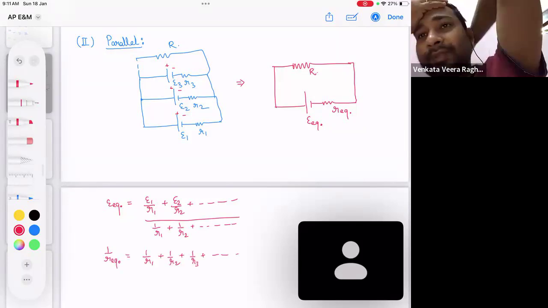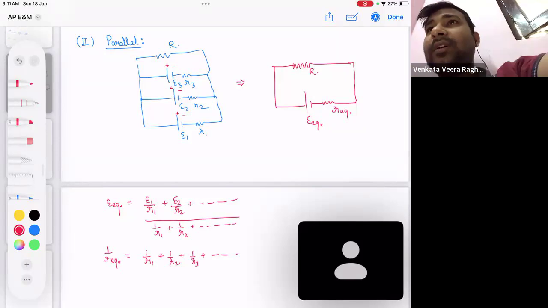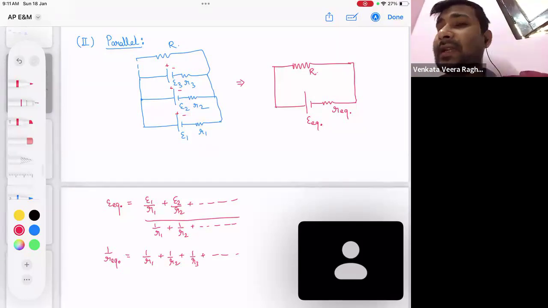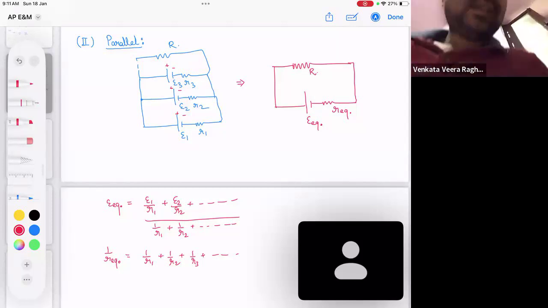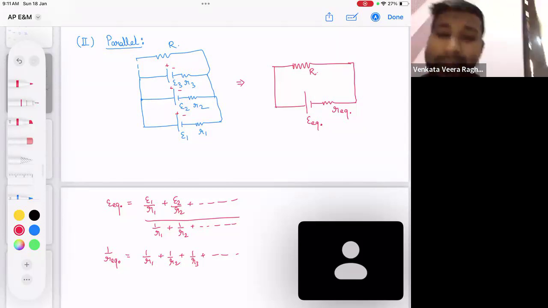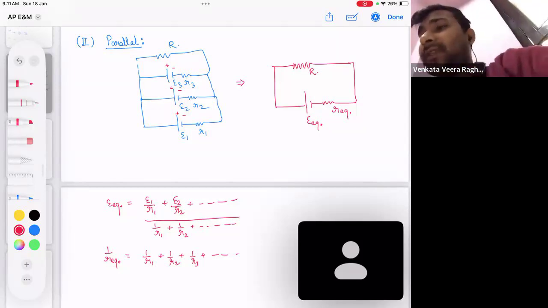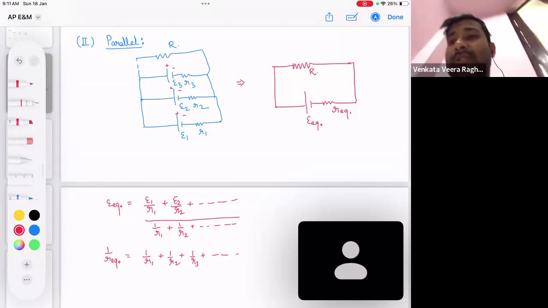Understand the series and parallel combination of the cell, but we must look at the polarity to understand whether it will be just the sum, or addition and subtraction both will be involved. So we'll take some examples and try to understand whether it is going to be the total sum or the sum and difference. We have to take both of them when we are going to solve the question.